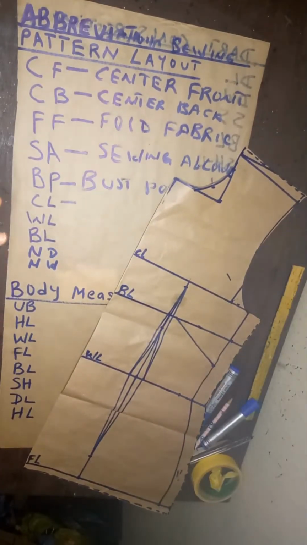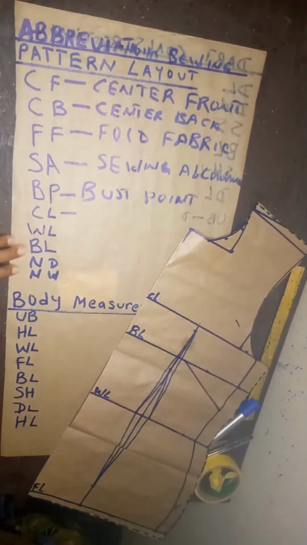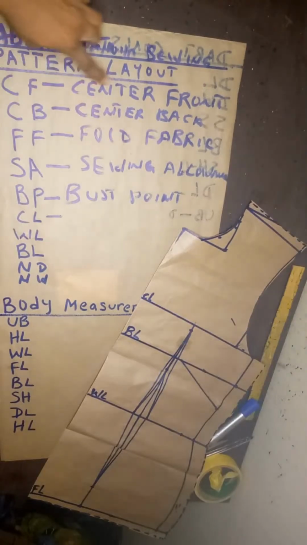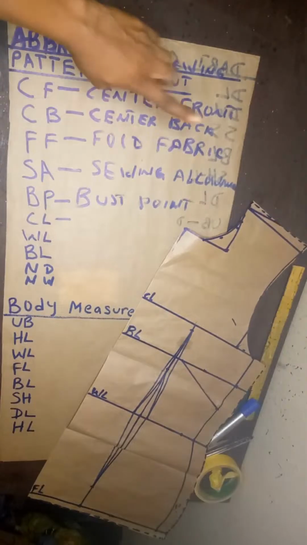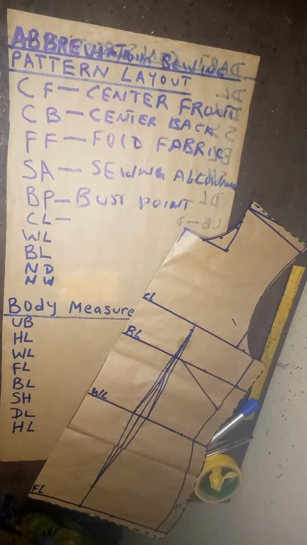I didn't know all this while that what I've been writing is not really showing, but I'm just going to explain again. So CF means center front, CB means center back, FF means the fabric should be on fold. Now the essence of this class is for us to be able to interpret drafted patterns once we see them.